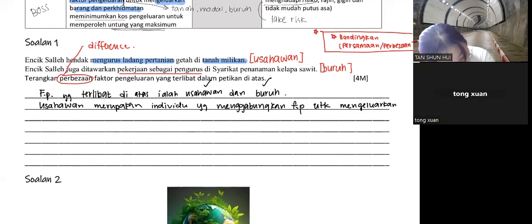Okay, mengeluarkan barang dan perkhidmatan. FP means faktor pengeluaran.